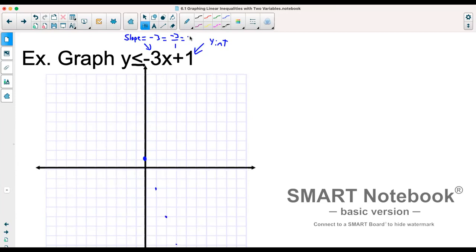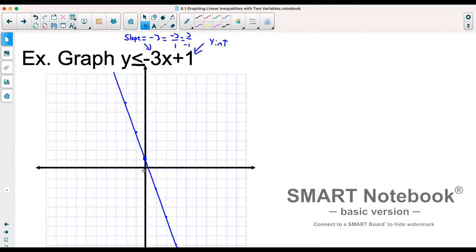Alternatively, it could also be 3 over negative 1, in which case we go up 3, left 1. Now, in this case, we have our equal sign, which means any point along our line is part of our solution, which means we will draw in a straight line.